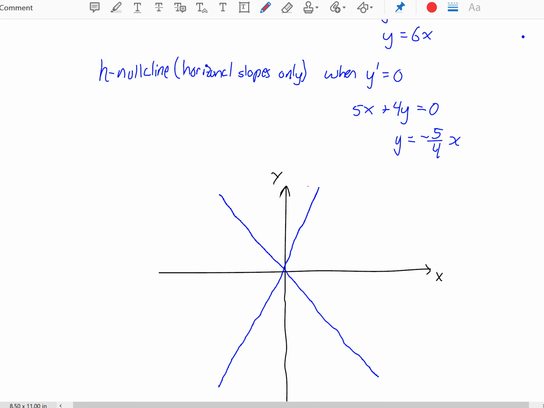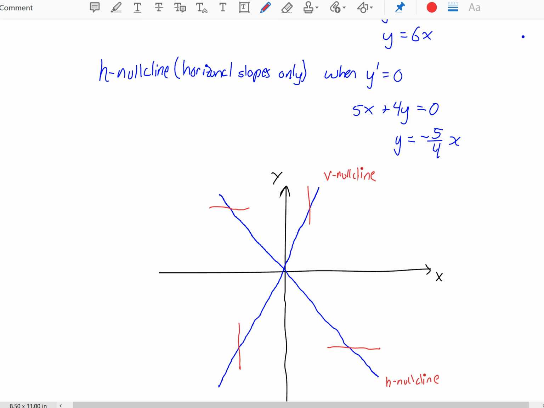So things on this one only went up or down. And our horizontal nullline, the negative 5/4 x, only had horizontal movements. Now we still need to determine the direction of these movements, left, right, up, or down, but I do know that this one was our v nullline, so only vertical movements. And this one was your h nullline, so only horizontal movements.